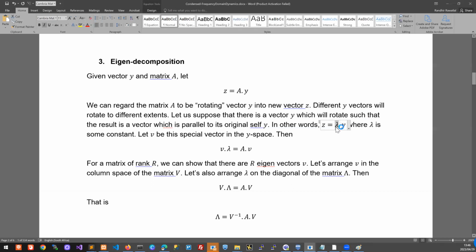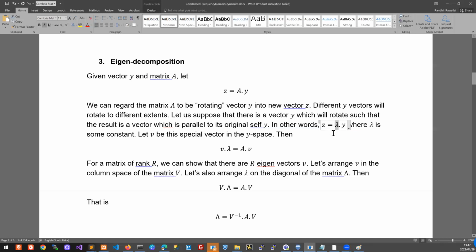So what's the number that you have to multiply y by to get the result? This constant lambda is a single value. For example, if the vector is 2, 1 and lambda is 3, then 2, 1 times 3 gives us 6, 3. So the result here is 6, 3.